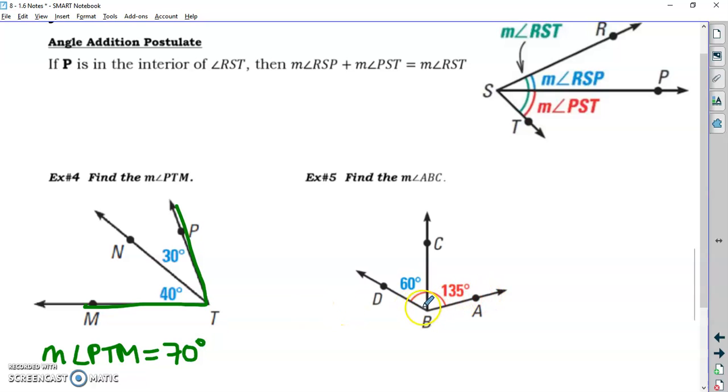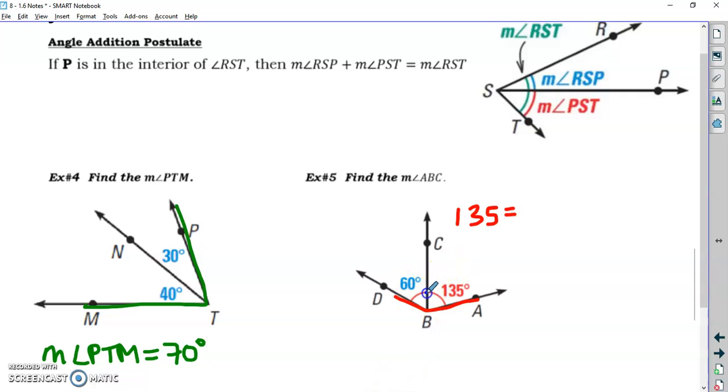Find the measure of angle ABC. So this red mark indicates that this entire angle ABD right here is 135 degrees. So the whole thing is 135. So that equals the two parts added together.